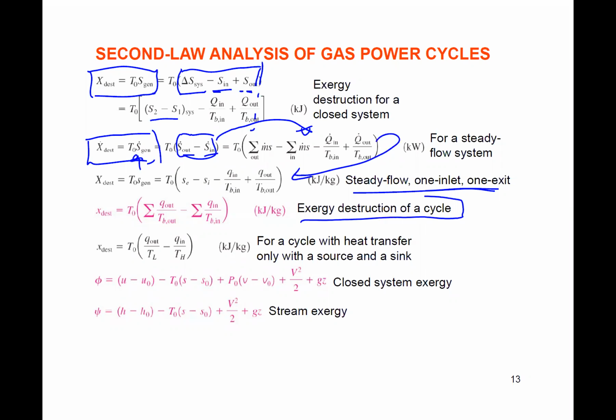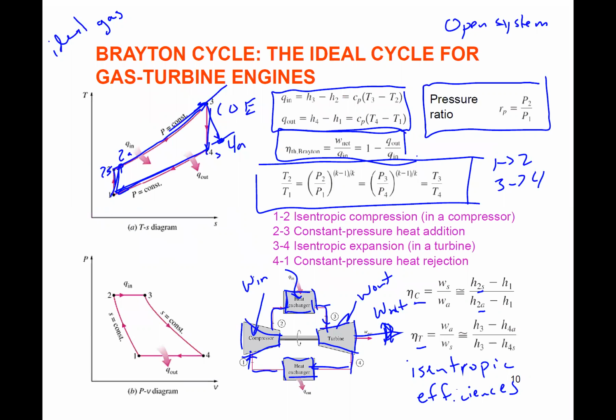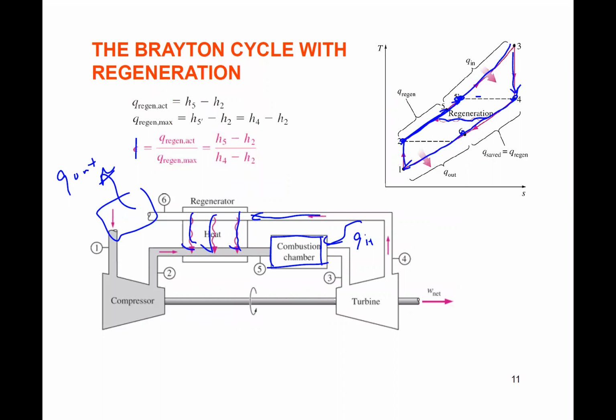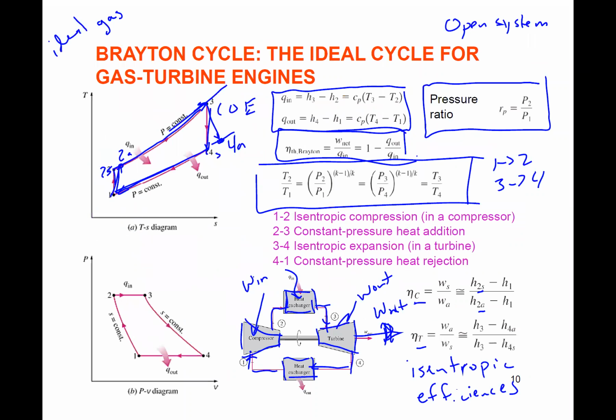Exergy destruction of a full cycle. So this is if you were to put, let's do a simpler one. Let's do this one, that's fine. Let's say we put our boundary around the whole system. We wanted the exergy destroyed of the whole cycle. You only have heat entering your cycle there and heat leaving there. Okay, and then a net work, right?